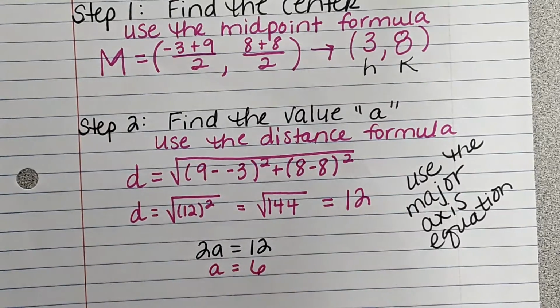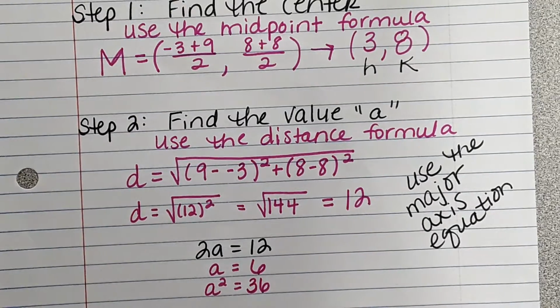And in our formula, do we need to know a or a squared? We need to know a squared. So what is a squared? A is 6, so 6 squared is 36. So now we know a and we know a squared is 36.